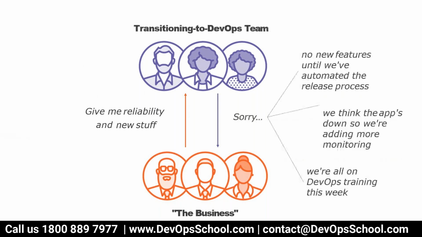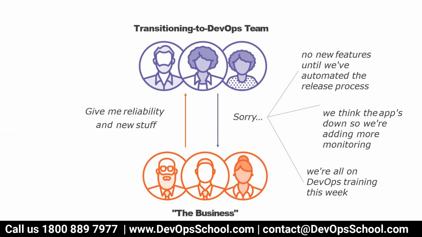But here there is a challenge. No new feature until we have automated the release process. So the fundamental concept of DevOps is that you have to automate everything, CI/CD, if you remember the concept. But the DevOps team is saying, hey, you have to wait for the new features because we are automating everything.